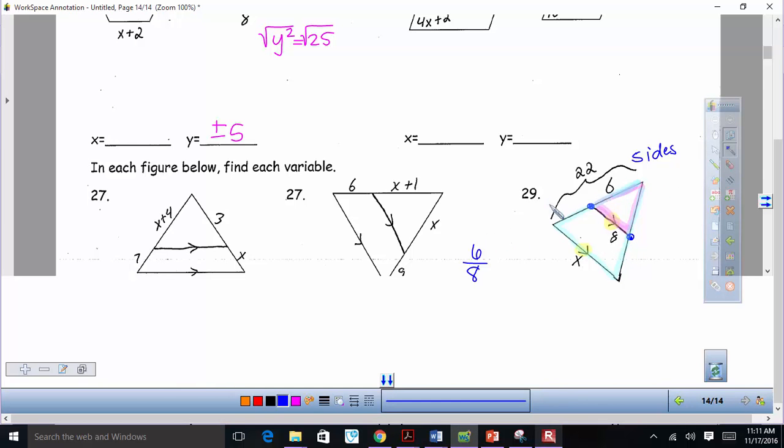The side in this whole big triangle is 22. This little arrow means this whole length, from this end to this end is 22. So the side is 22, and the bottom piece is x.